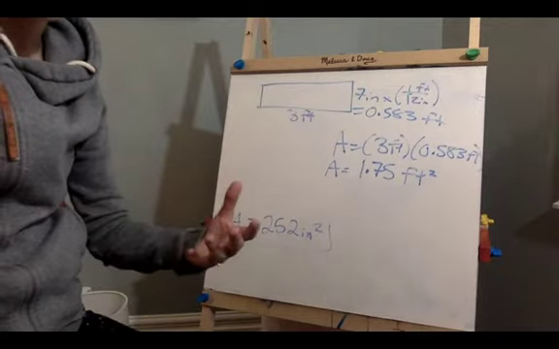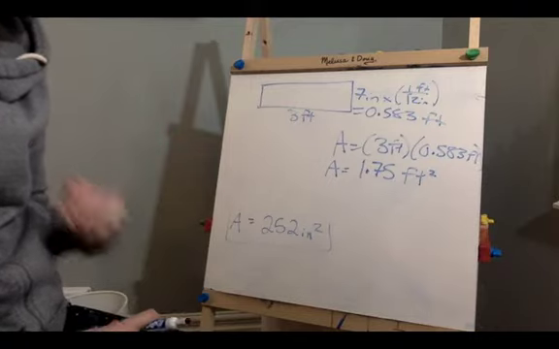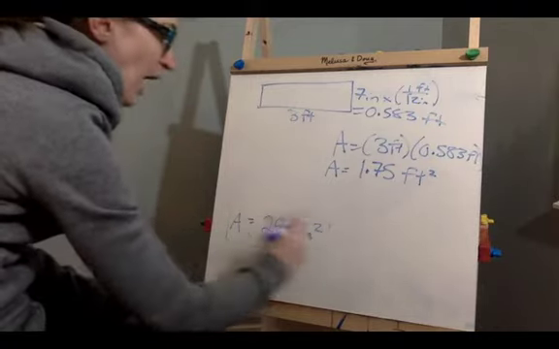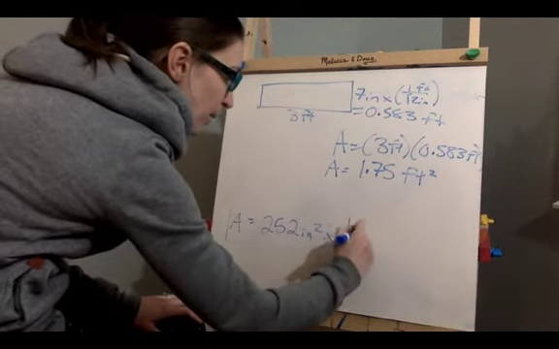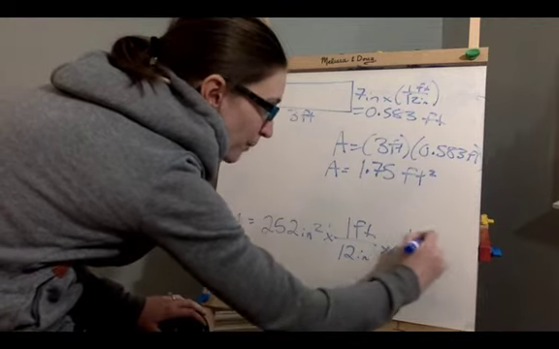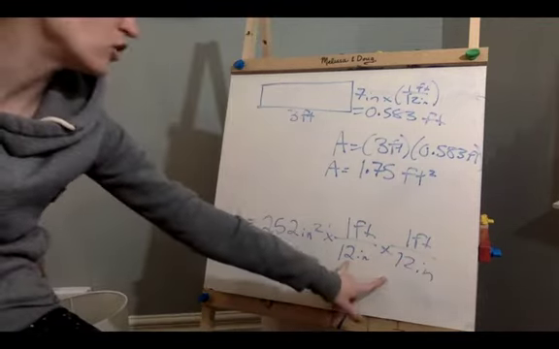So this is where that point I talked about comes in: since it's an area, you have to multiply by the conversion factor twice. If I take that 252 inches squared and multiply it by my 1 foot per 12 inches, and then multiply it by my 1 foot per 12 inches again, that's 2 dimensions.